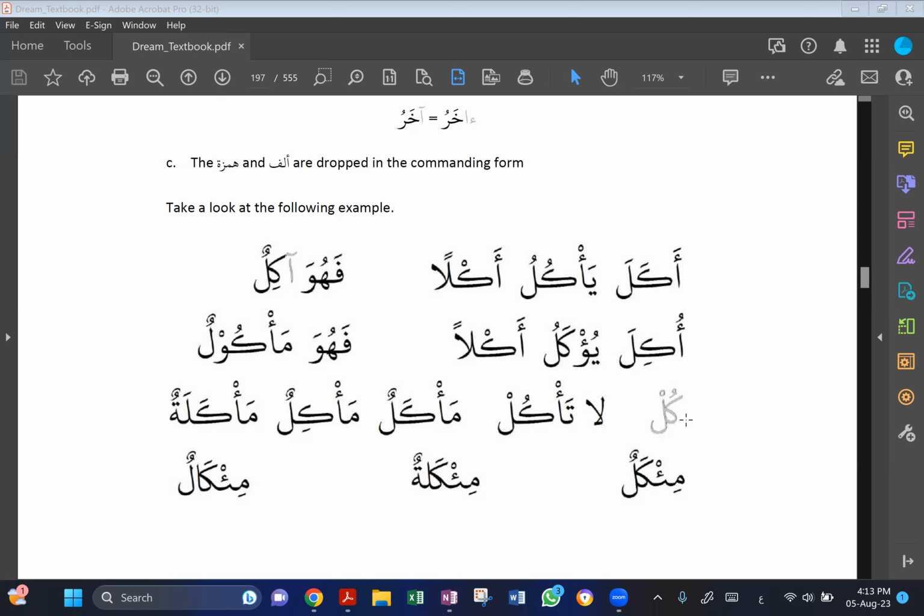Oh, yeah. Kulu. You're confusing with ajwaf, and we will get to ajwaf. Yeah, I was confused with that. Sorry. So, anta kul, antuma kula, antum kulu, anti kuli, antuma kula, antunna kulna. Yes. Same. It has the same kul. Kul. Yeah. Sorry.